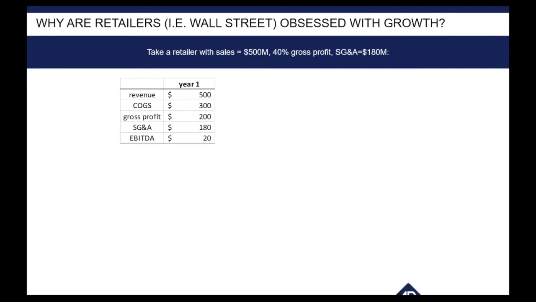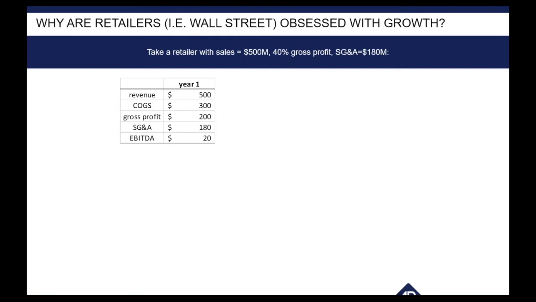Let's look at a retailer with annual revenue of $500 million, margin of 40%, which means the cost of goods sold is $300 million for a gross profit of $200 million. Let's say the SG&A is $180 million, and EBITDA, earnings before interest, tax, depreciation, amortization, is $20 million. So these are common numbers for a retailer.